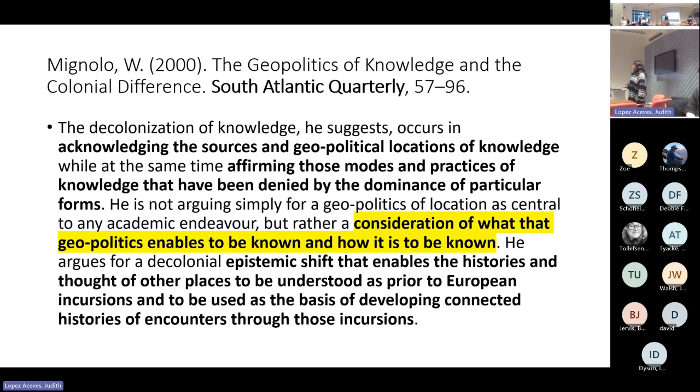He is not arguing simply for a geopolitics of location as central to any academic endeavor, but rather a consideration of what that geopolitics enables to be known, only the things that have been written in English, and how it is to be known in English. He argues for a decolonial epistemic shift that enables the histories and thought of other places to be understood as prior to European incursions, and to be used as the basis of developing connected histories of encounters through those incursions.